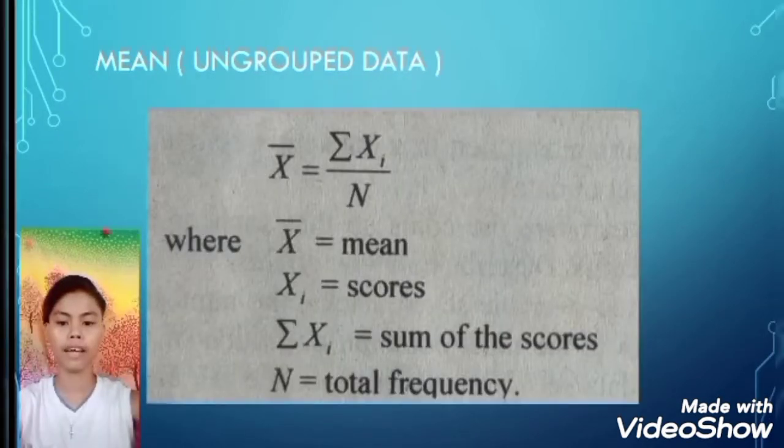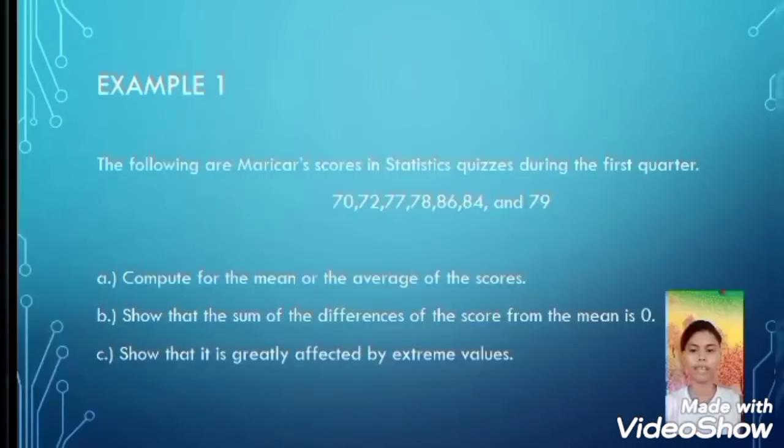Mean of ungrouped data: mean equals the sum of the scores over the total frequency. Example of ungrouped data: the following are marks scored in statistics quizzes during the first quarter: 70, 72, 77, 78, 86, 84, and 79.